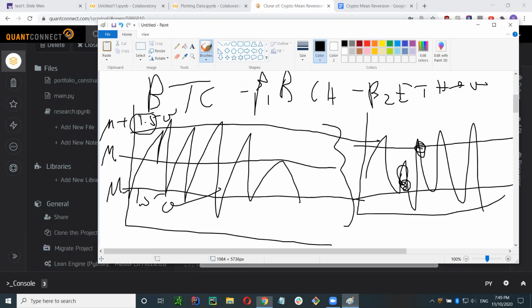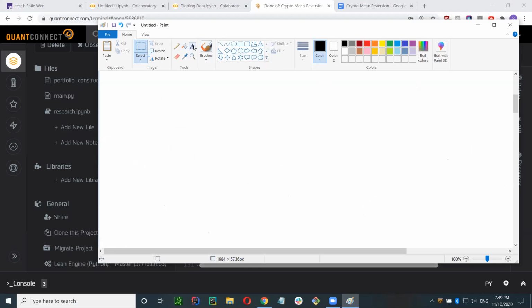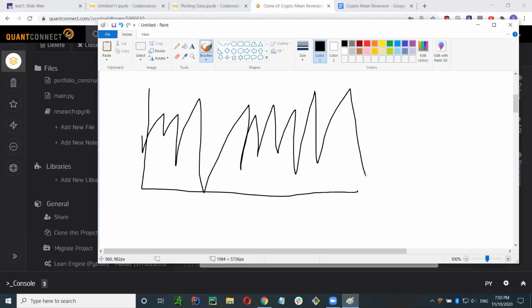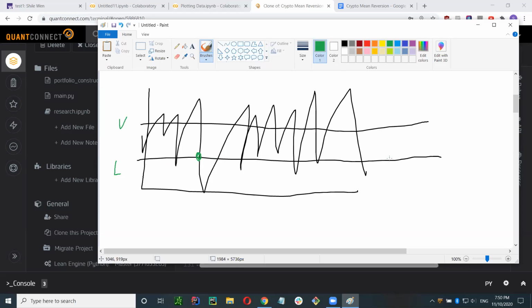And then our rules. Say this is the graph of our portfolio, and we don't have to enter the portfolio immediately. The paper would buy here, when it passes this lower level.